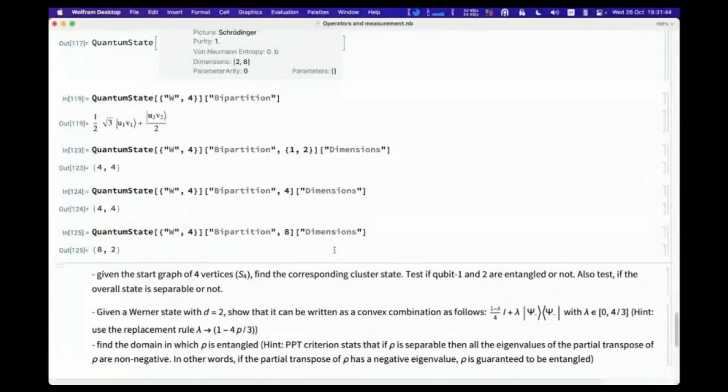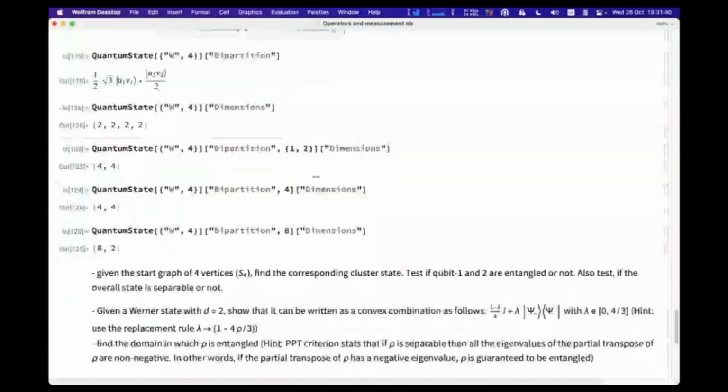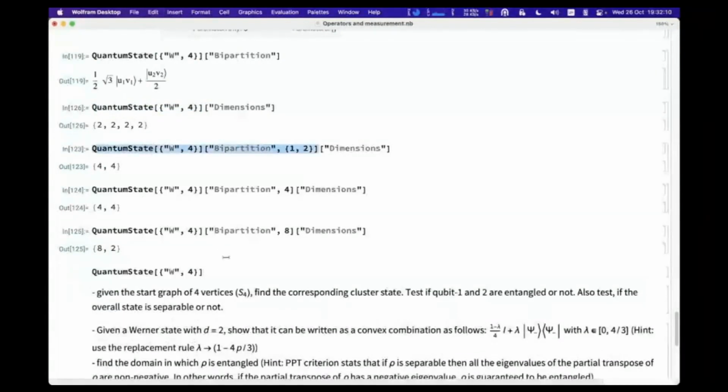One more time. Physically, these quantum states are completely different. We know that depending on the number of subsystems, the actual physical system is different, but mathematically all of these states are the same. When you do the bipartitioning, like I guess Nick showed in one case, with bipartition or without the bipartition, all of them are the same.